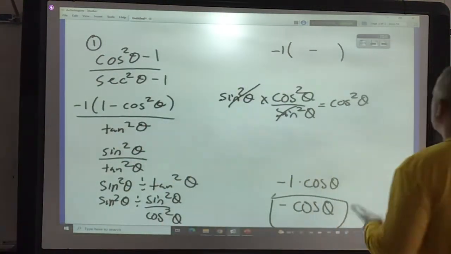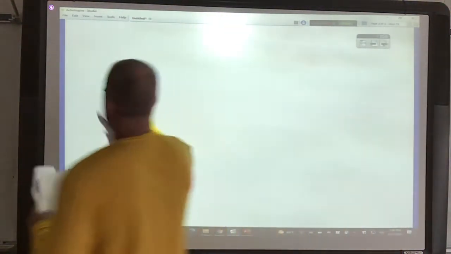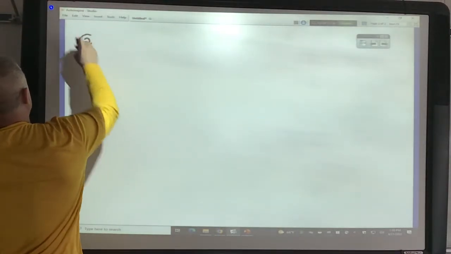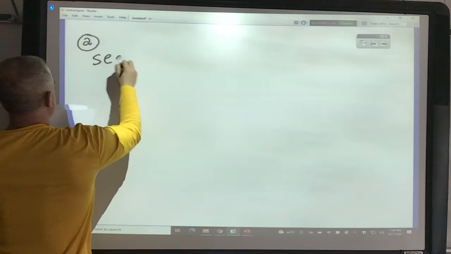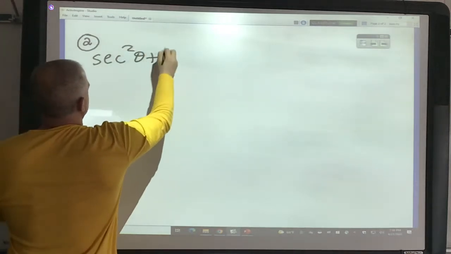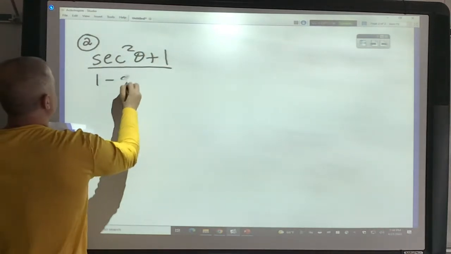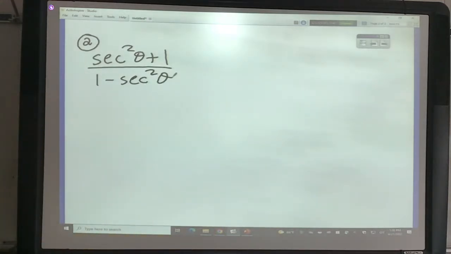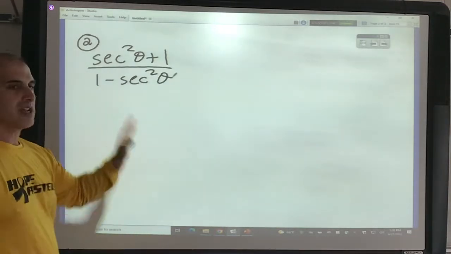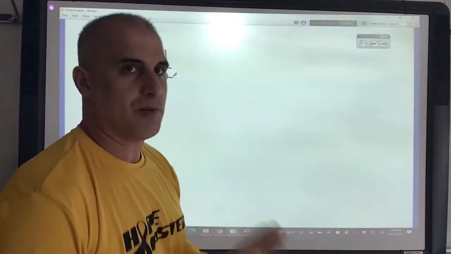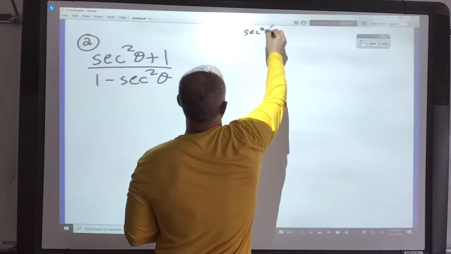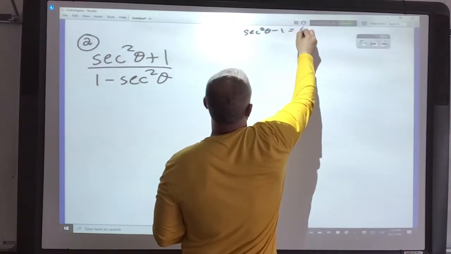Now, let's go over another one. I got secant squared theta plus 1 over 1 minus secant squared theta. When I look at this one, if you go back to your identity chart, the identity is secant squared theta minus 1 is equal to tangent squared.